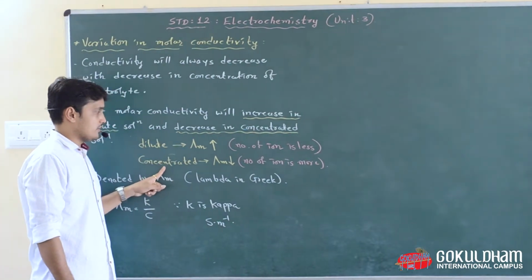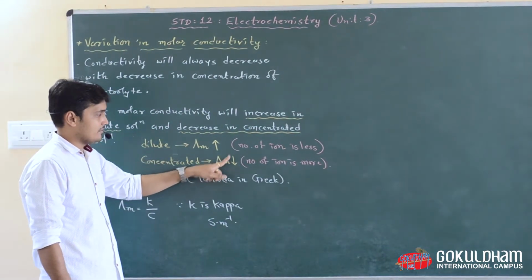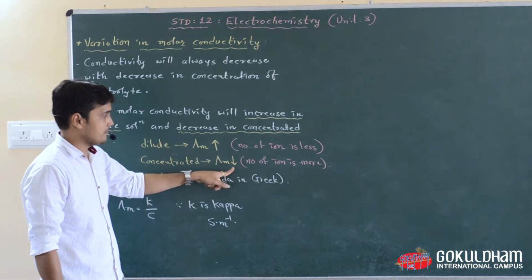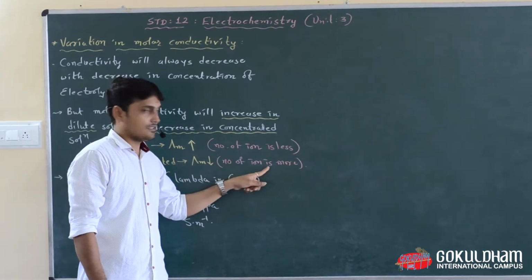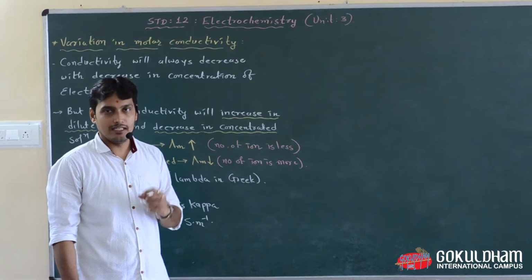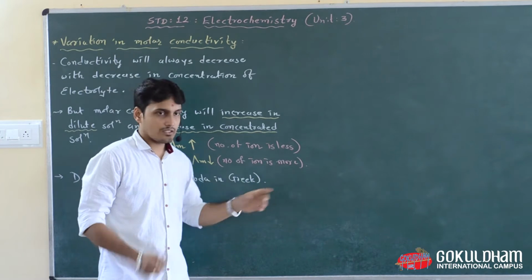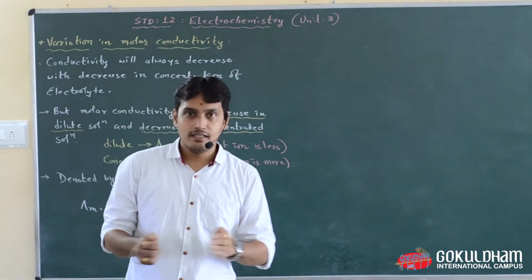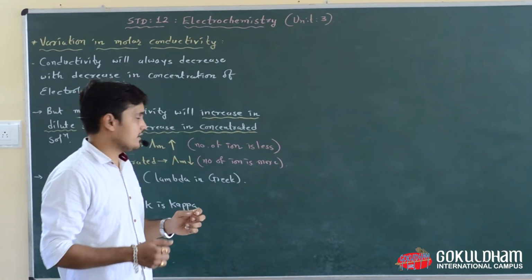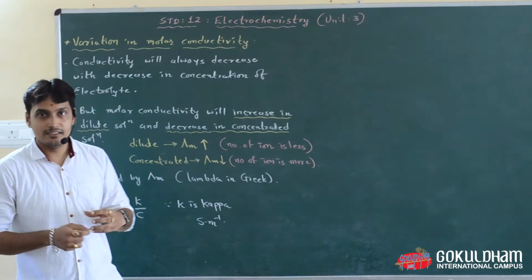In concentrated solution, lambda m will decrease. That means the number of ions is higher in the electrolytic solution. In concentrated solution, the solution becomes very congested. That's why the mobility of ions is less.